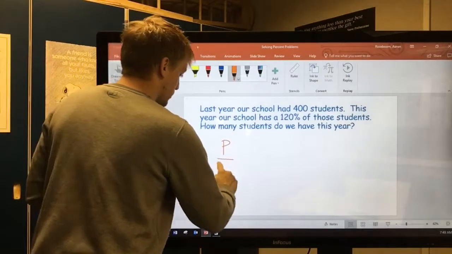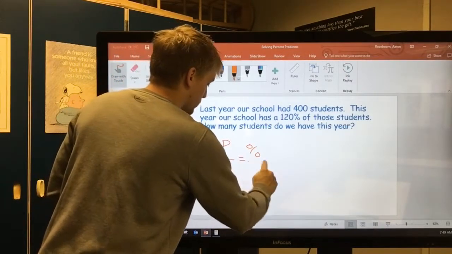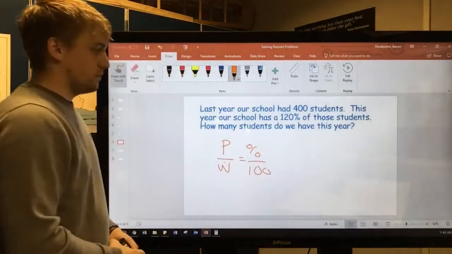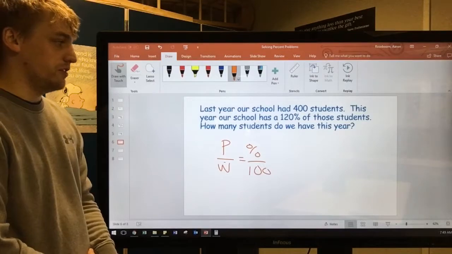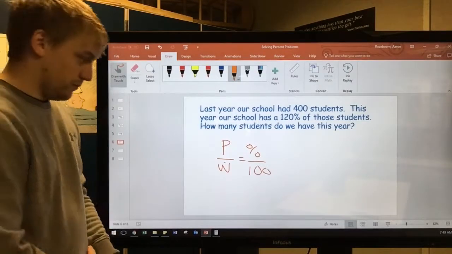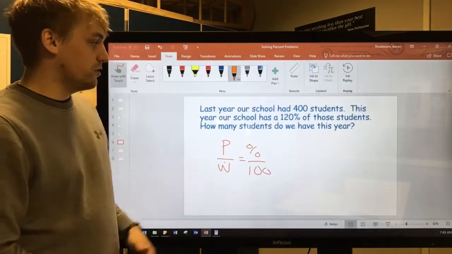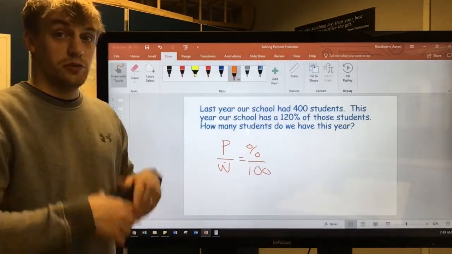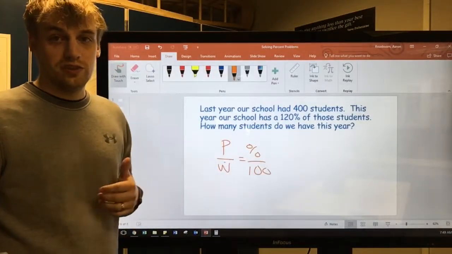So part percent whole equals 100. So last year our school had 400 students. Okay, so that's going to be the whole this time, because the part this time is going to be bigger than the whole because the percentage is bigger than 100%.